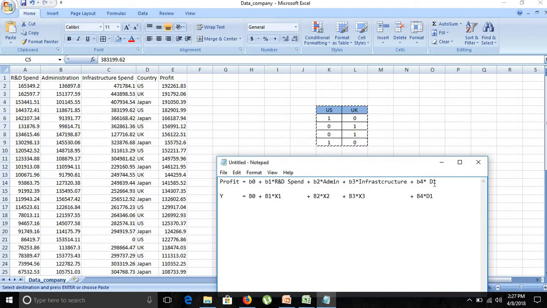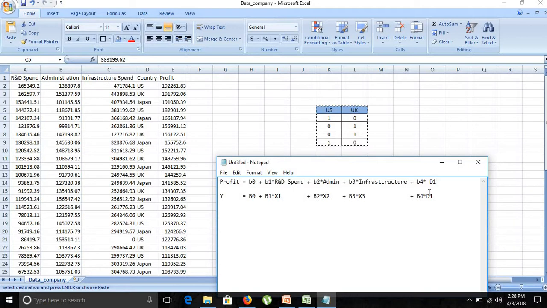Now as I already stated, if D1 is 1, this expression works for US and the country will be US, and if D1 is equal to 0, the expression will turn out to be the expression for UK. Now you will be dealing with this problem again. You will be surprised to know that we have included only B4, which will be a coefficient for US, the first dummy variable, but we haven't included any coefficient for UK. So this will be an unfair situation, isn't it?